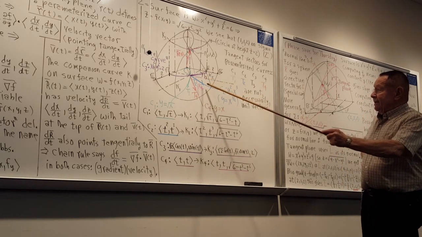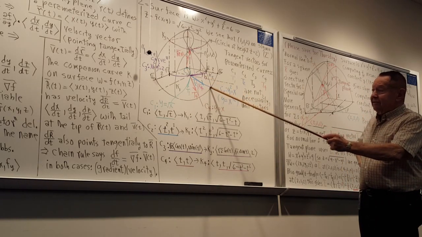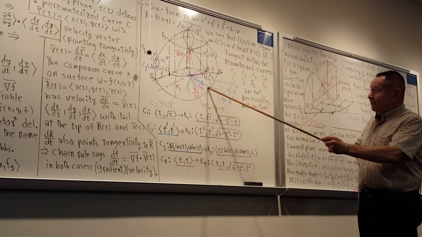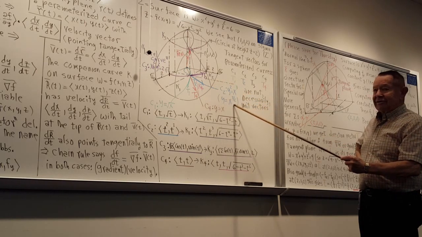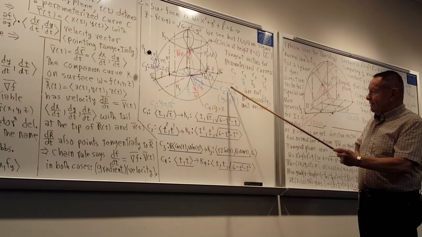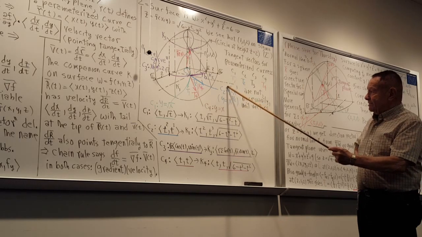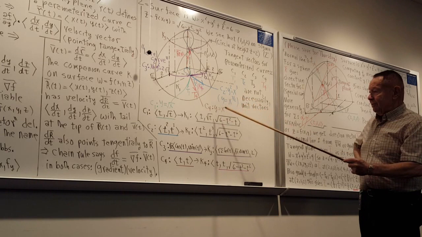In the same way, if you look at the curve C2 in the lighter blue, this is x to the 3/2, or if you prefer, it's y squared equals x cubed.